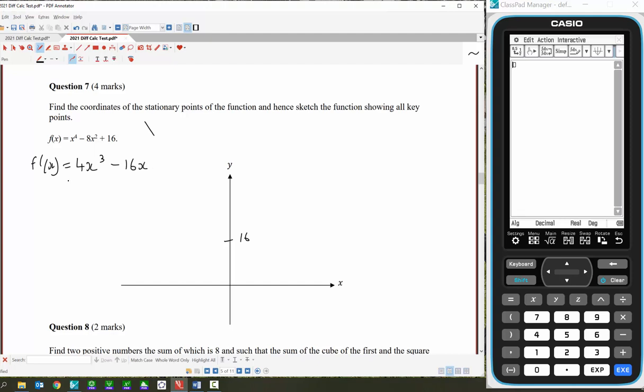Okay, that looks good. We'll set that to 0. Factor it.